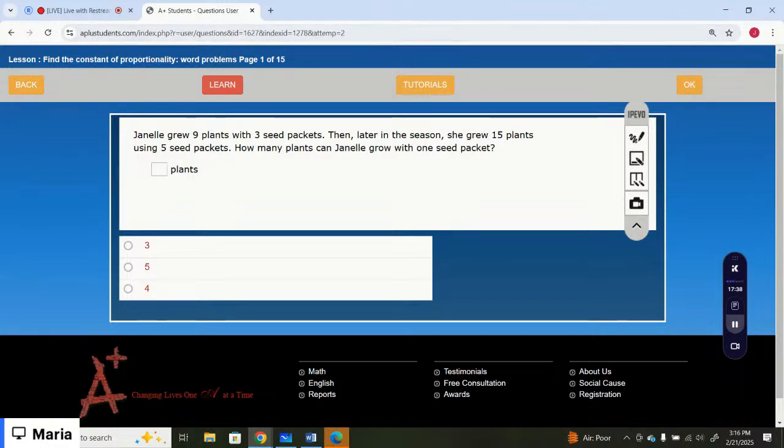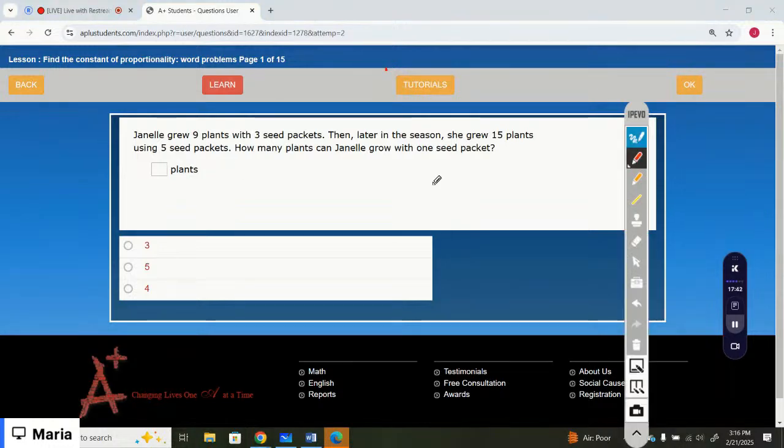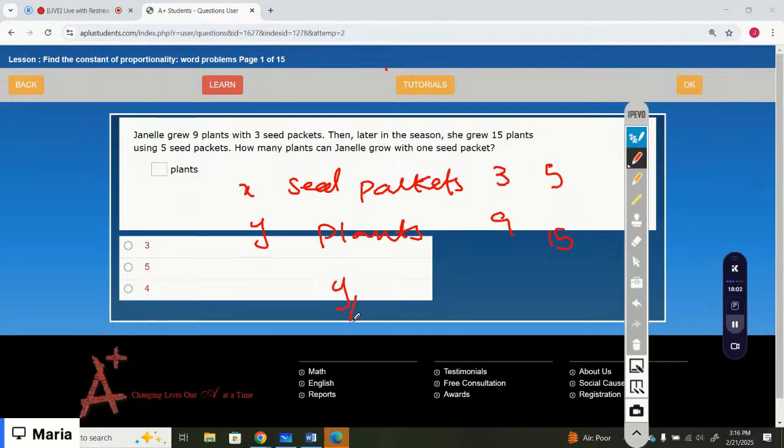So you have to calculate the constant of proportionality, that is y by x. So x is the seed packets and y is the plants. So from 3 seed packets she can grow 9 plants, and from 5 seed packets she can grow 15 plants. You have to calculate y by x, that is 9 by 3 and 15 by 5. 3 times 3 is 9 and 5 times 3 is 15.